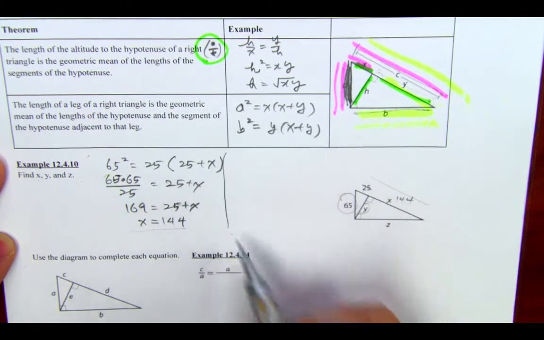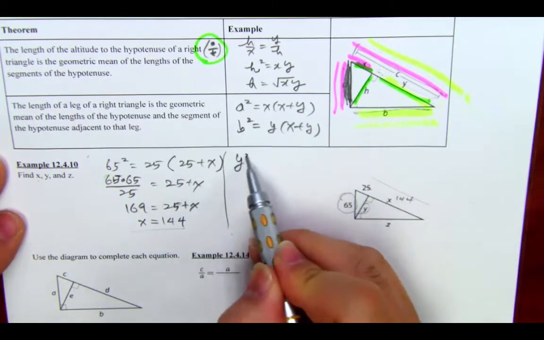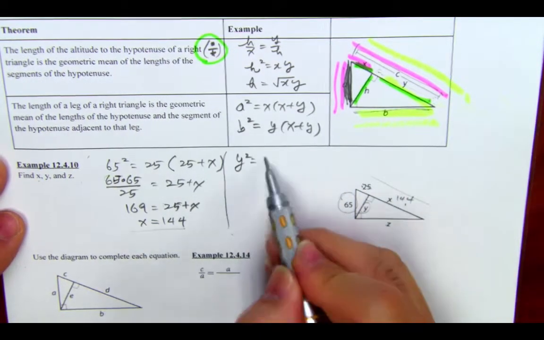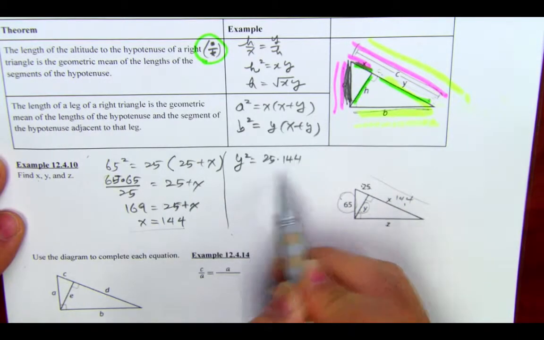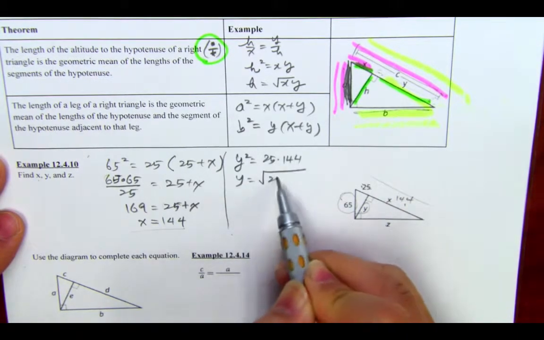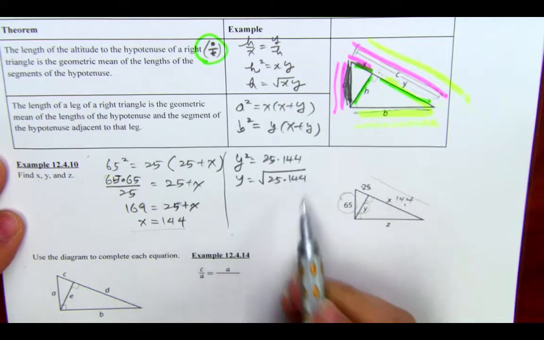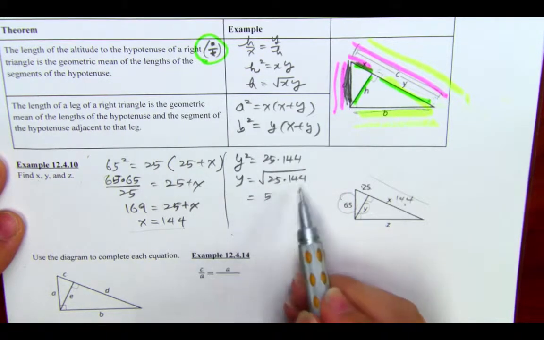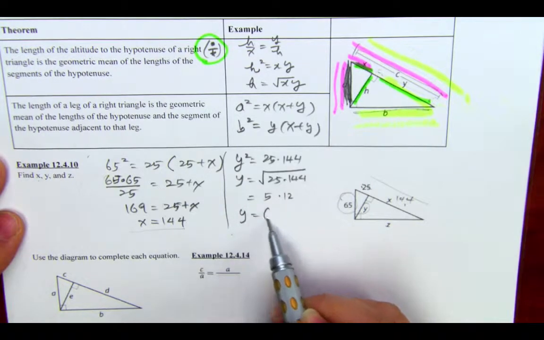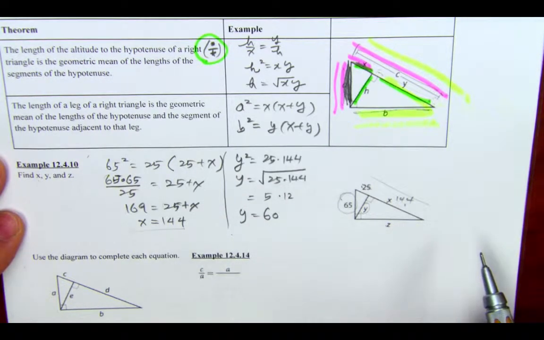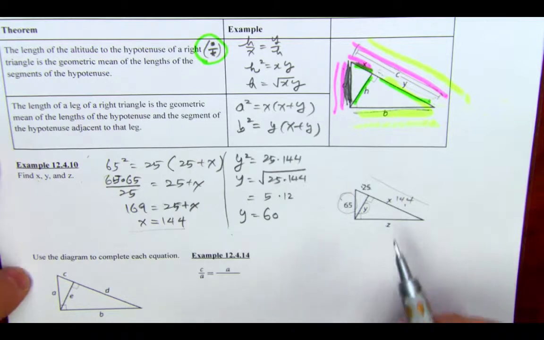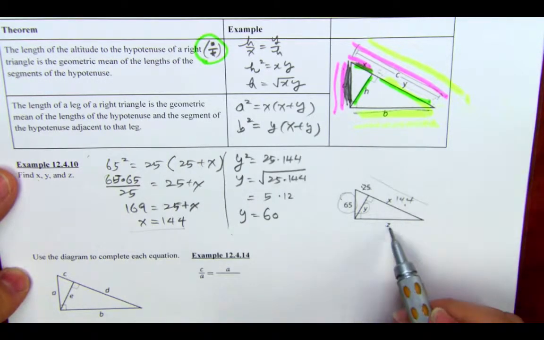Okay. So y squared is the product of this times this. If I square root both sides, square root of 25 is 5, square root of 144 is 12, and therefore y is equal to 60. Okay, how do I figure out the z?